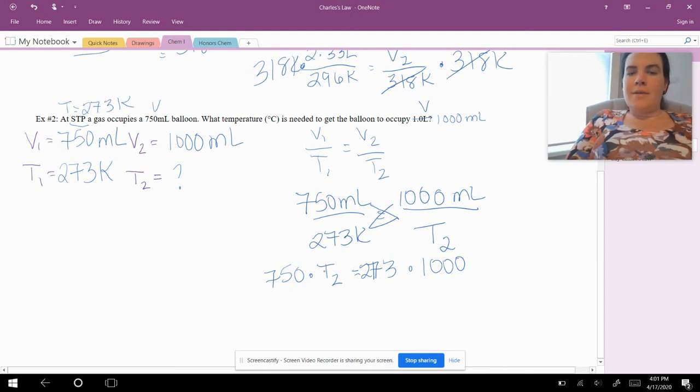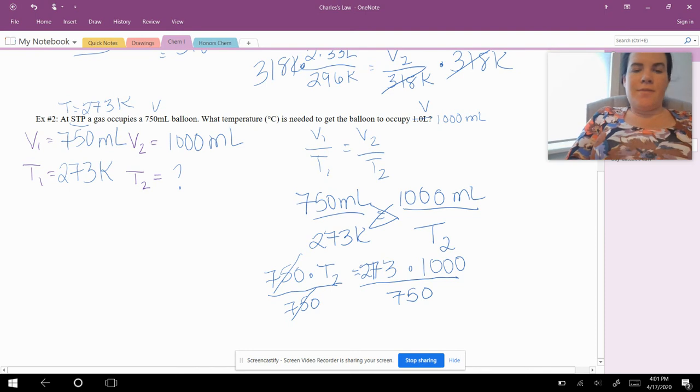And now to get T2 by itself, we'll divide by 750 on both sides. So you would do 273 times 1000 divided by 750 in your calculator, and that gives you 364, and that's our Kelvin temperature.